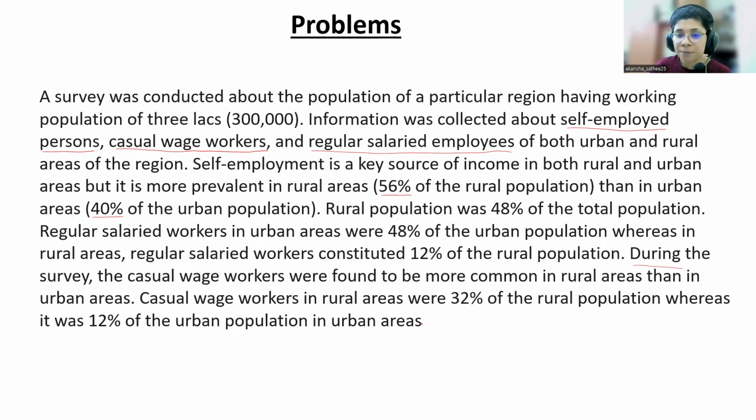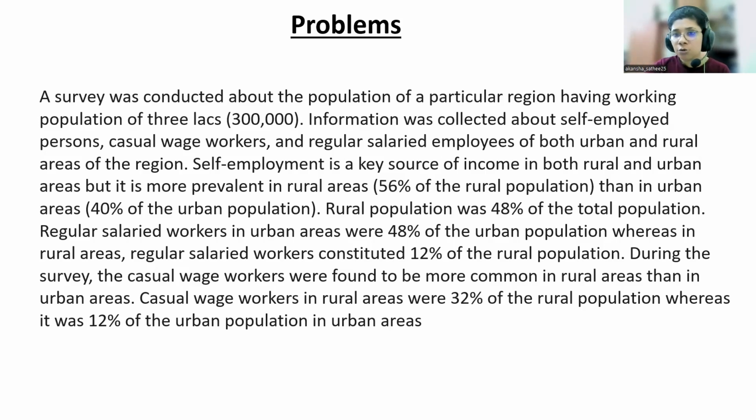So basically they have conducted a survey, and in the survey, they have divided the total working population into rural and urban areas. In rural area, how many are self-employed and so on, that is how they have divided.